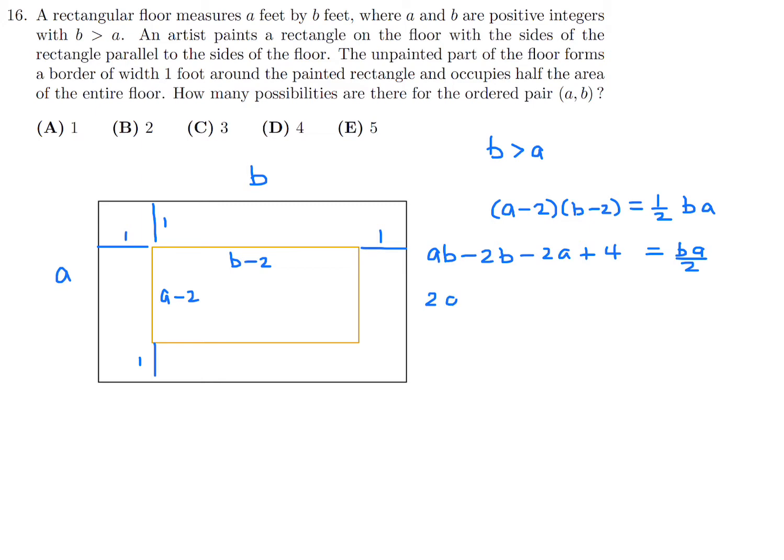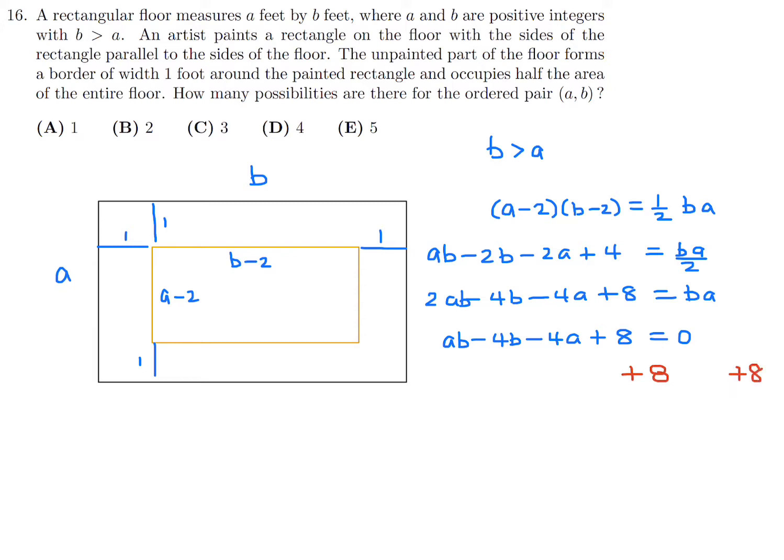And then of course multiply through by 2: 2AB minus 4B minus 4A plus 8 equals AB. And then bring the BA over. So we get AB minus 4B minus 4A plus 8 equals 0. Now we can kind of start plugging in, but it's easier if we have something factored. The way you can factor this is a neat little trick: just add 8 to both sides.